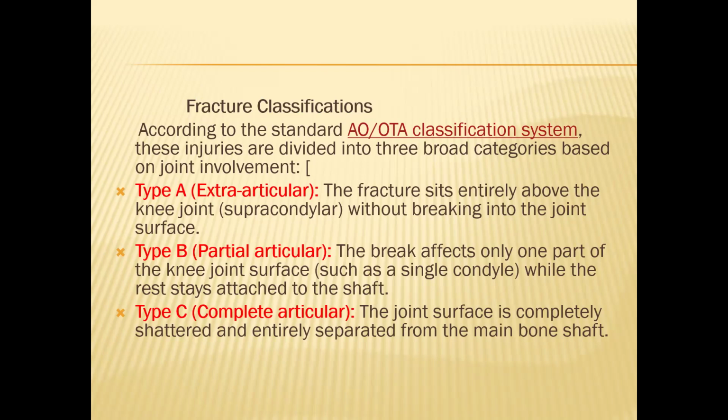In the distal femur, this is also very important, especially in the pediatric cases. We can divide the fractures into different types. Because in the distal femur there is a growth plate which leads to the growth of the femur bone, if there is a fracture in the distal part, it can disturb the growth of the femur.